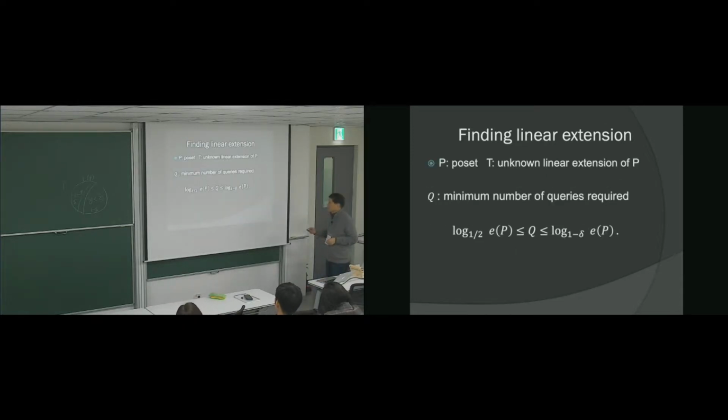Okay, so for the best sequence of queries, the number of queries required is at least this many, and at most this many. So what is the difference between these two numbers?